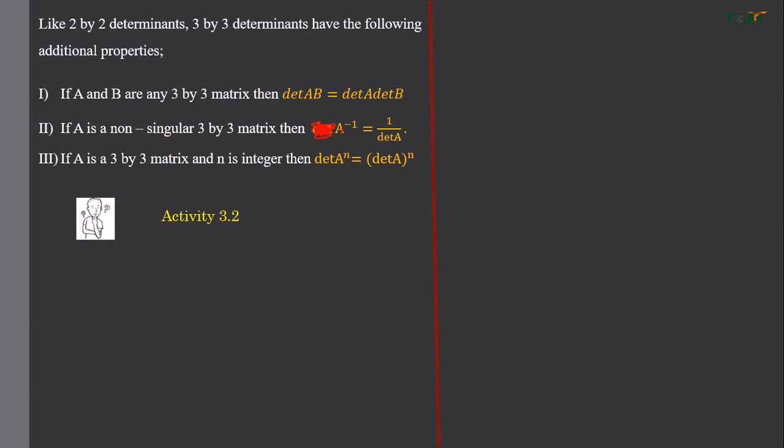Those properties are very easy. We proved them using elementary row operations on 2 by 2 matrices.